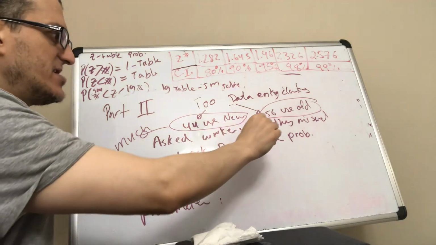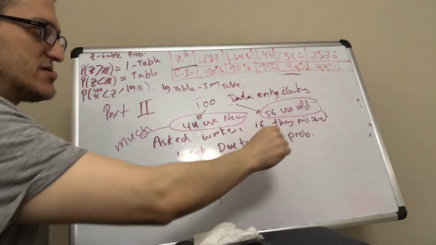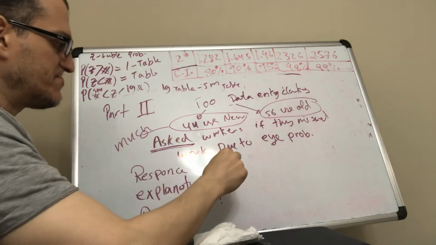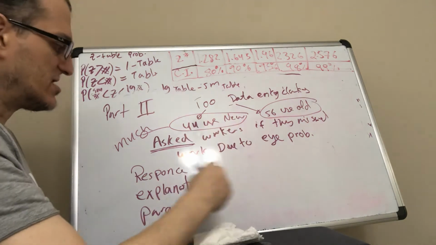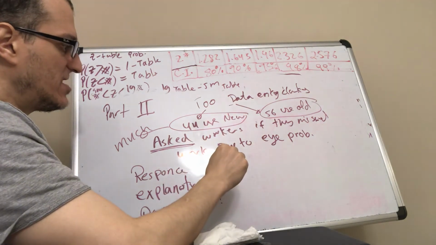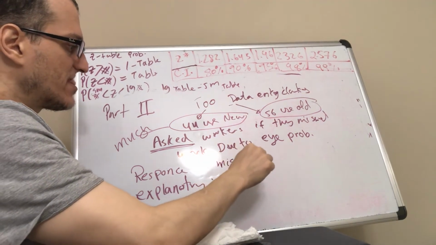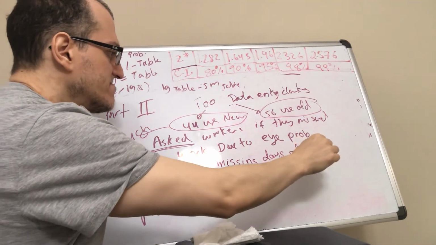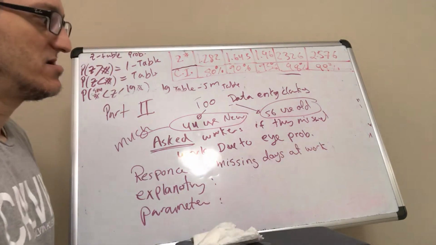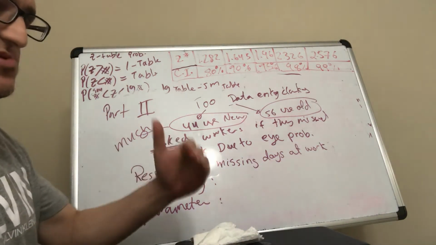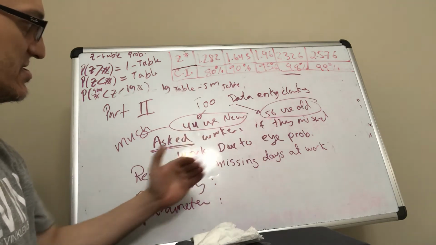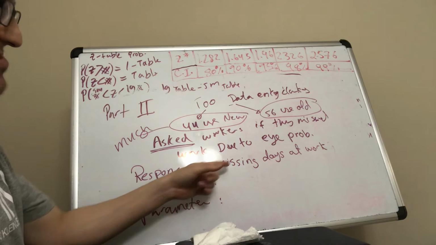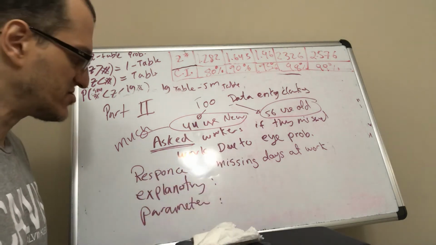They asked if they missed work days due to eye problems. If this is the question, whether they missed or not, the response would be missing days of work. So the question asks whether they missed work or not, so missing days of work. So that would be the response.